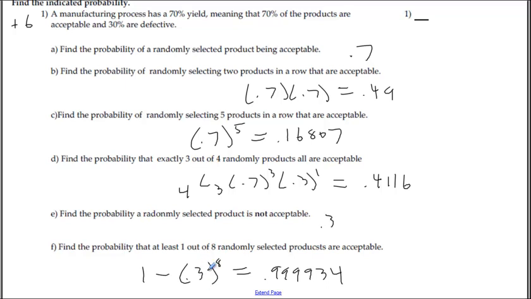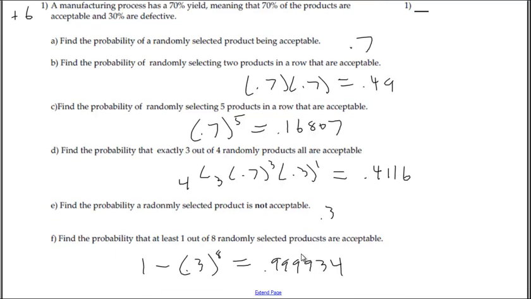The probability that it's not acceptable is 0.3. I want that to happen 8 times in a row, so it's 0.3 to the 8th. But then I take 1 minus this opposite scenario. So there's about a 0.99999, almost 100% chance that you'll get at least 1 out of 8 that are good. Some people forgot to subtract from 1, and that gives almost a 0. So that's for this part right here.